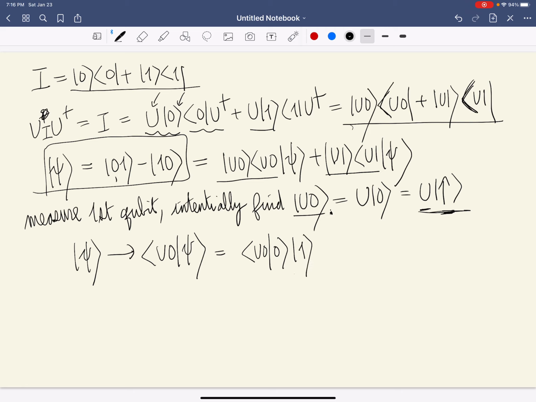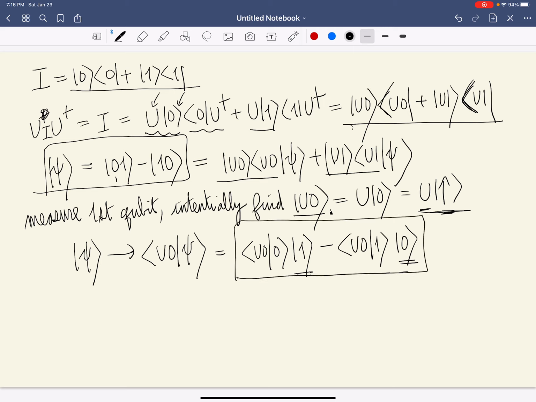That's the state of the second qubit, minus u0 overlap with 1 times 0. This is also the state of the second qubit. Okay, so now after the measurements on the state of the first qubit, the second qubit is collapsed into this kind of state with the mixing coefficients given by this number and this number.